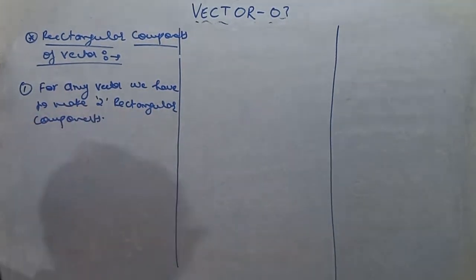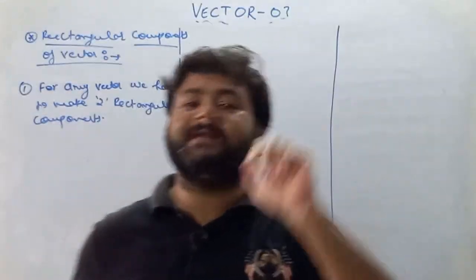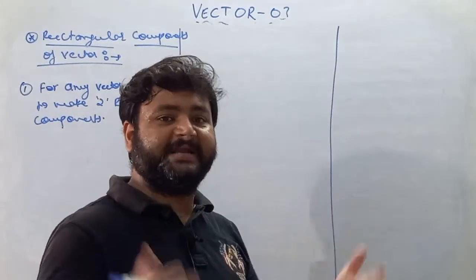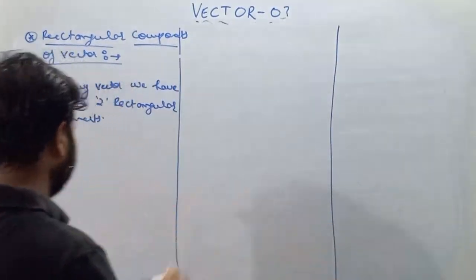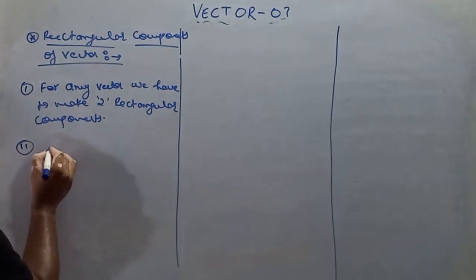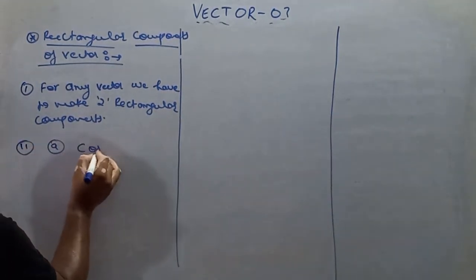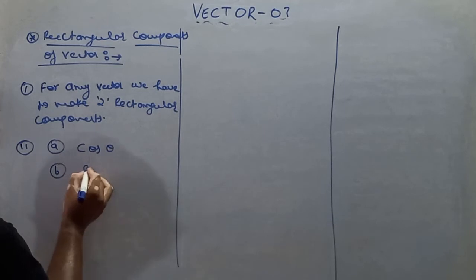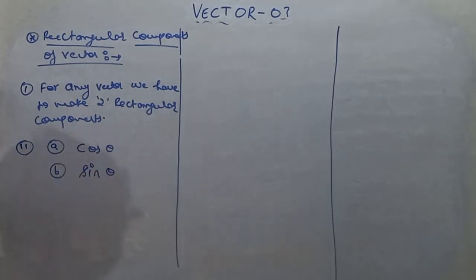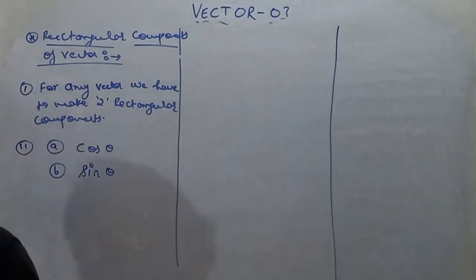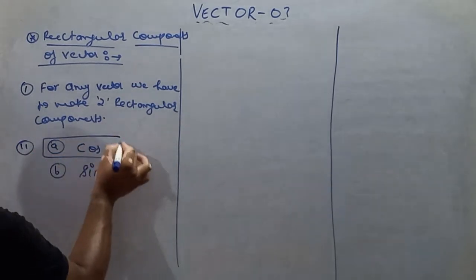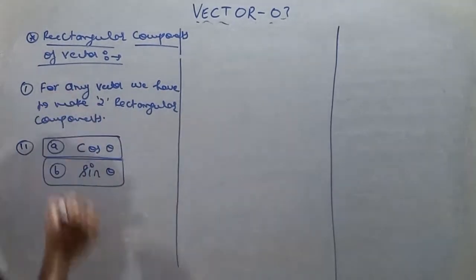When the rectangular components form, I'll write that the first component is in terms of cos theta and the second component is in terms of sin theta. See, one component is cos theta and the second component is sin theta.